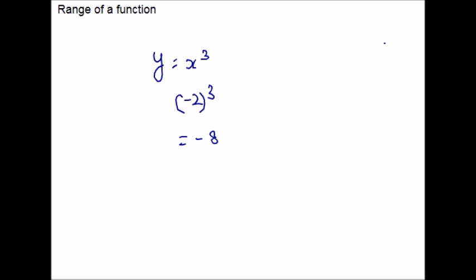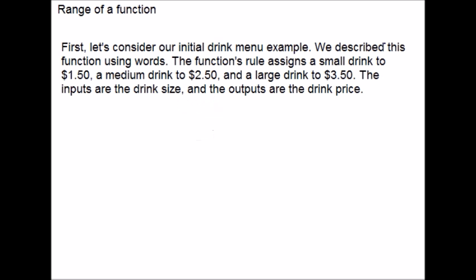So as we mentioned, functions can be represented in different ways. So I have shown you some examples. You may even get word problems. Please read this example. So let us consider our initial drink menu example. We described this function using words. The function's rule assigns a small drink to $1.50, a medium drink to $2.50 and a large drink to $3.50.